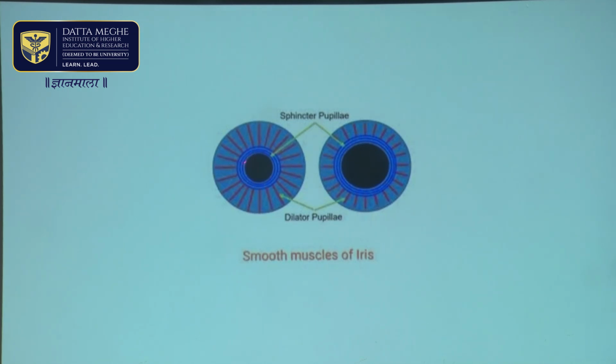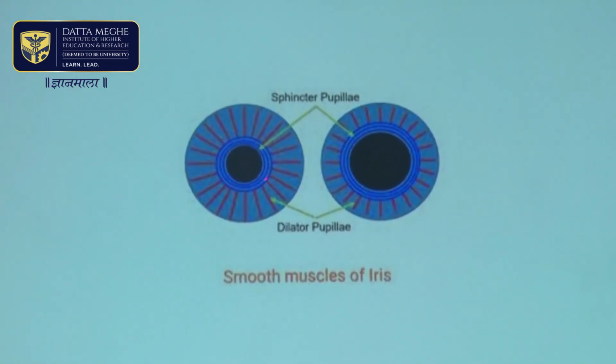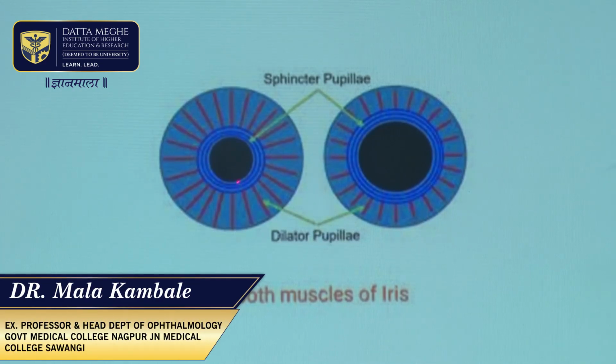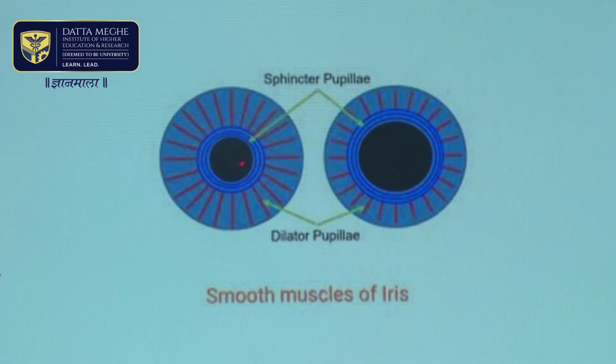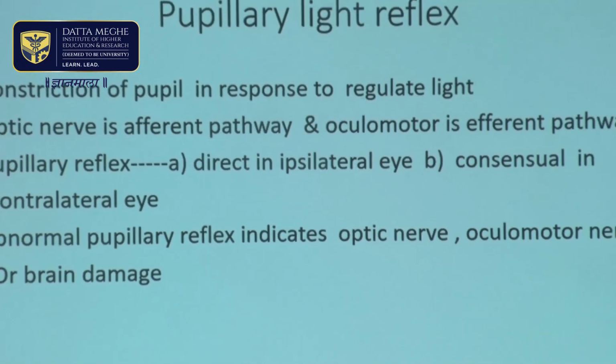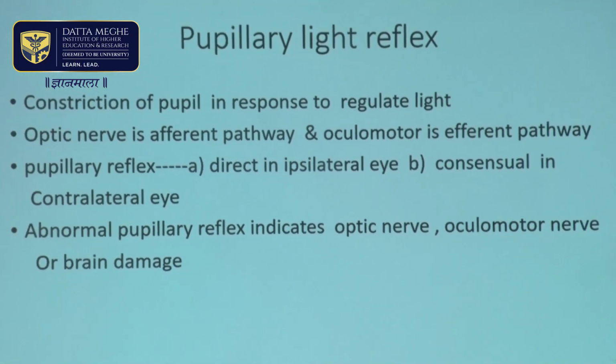These are the sphincter pupillae muscles, which are in a circular fashion, 1 millimeter wide. It originates from the pupillary margin, and when it constricts, it pulls the iris towards the central part and the pupil constricts. It is a smooth muscle of the eye. Now, what is the pupillary light reflex?